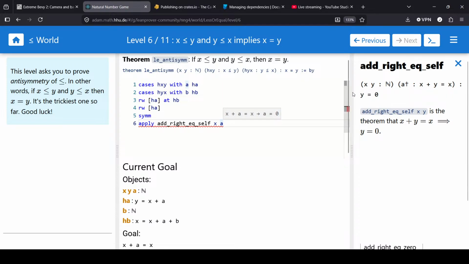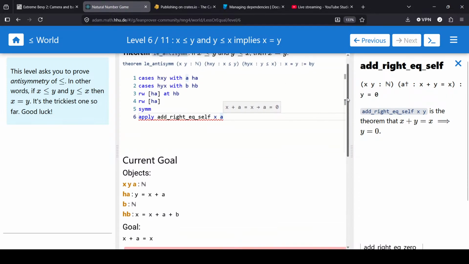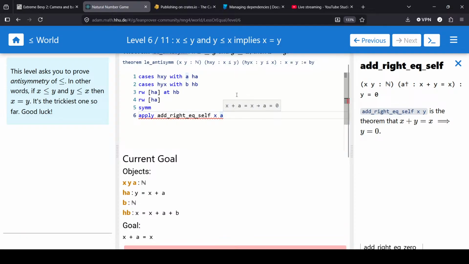Like, I want to prove that... Oh wait, but I don't. You're not the hypothesis. Yeah, I can't think the goal is true.